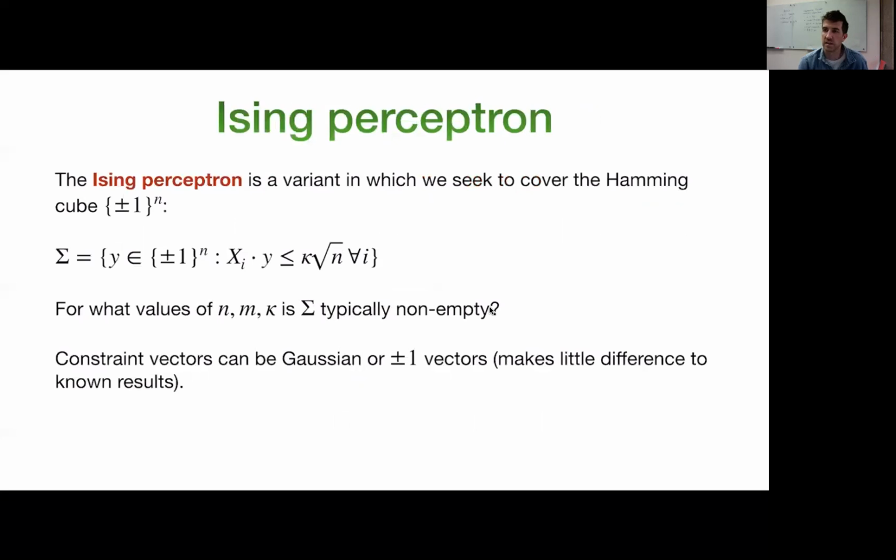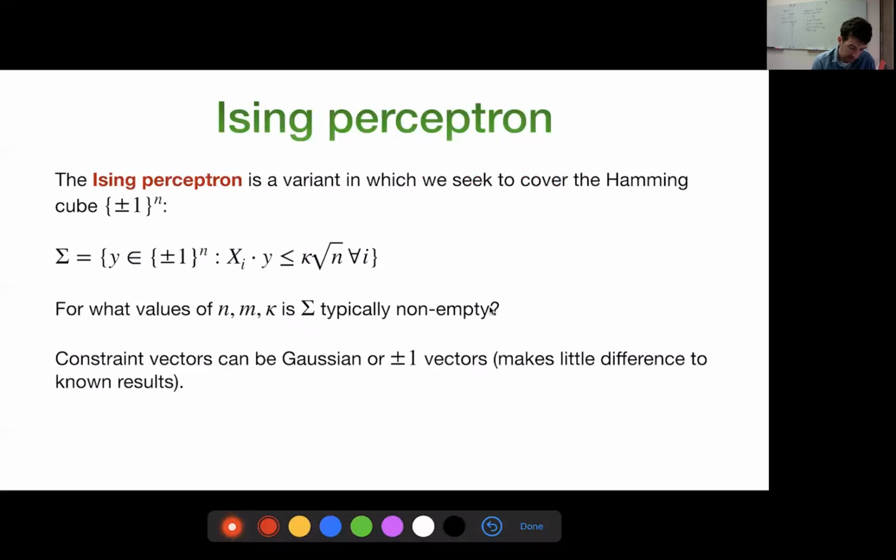And we still have Gaussian vectors, disordered vectors. And so now this solution space is the set of all Hamming vectors of length n, whose pairwise dot product with the disorder is at most kappa square root n. I have to have that square root n because I haven't normalized the Hamming cube to have length 1.